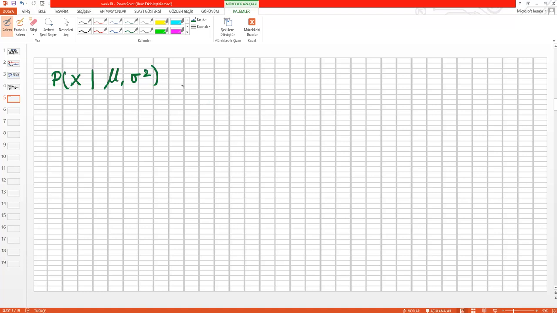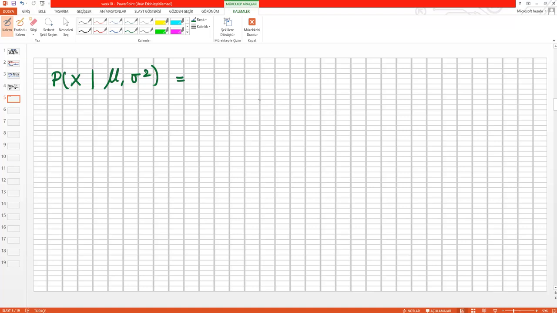How can we create the area form so that the integral of p(x) dx is equal to 1? We should use the mu value and variance value here, then define the sum function like this.